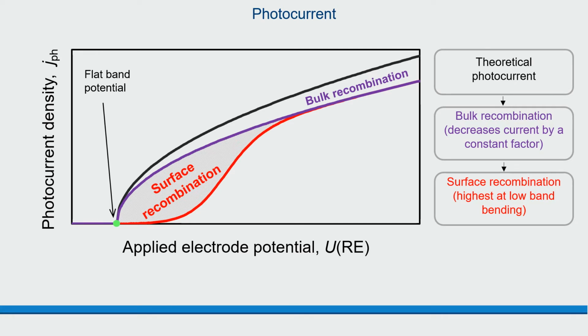So recombination is highest near the flat band potential, and then as band bending increases, the rate of recombination decreases. And so the question is how to go from the theoretical prediction to a prediction that is actually representative of the experimental measurements on our electrodes.